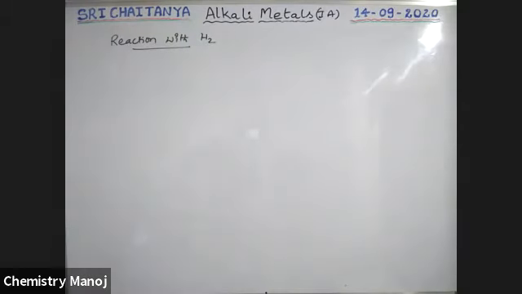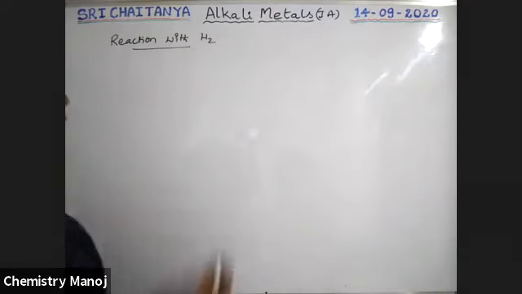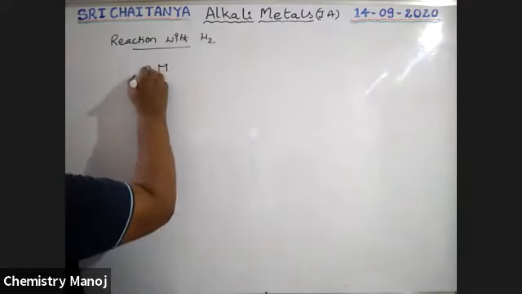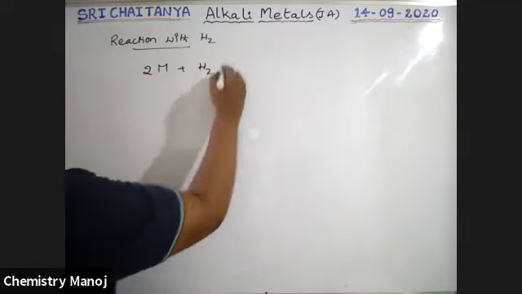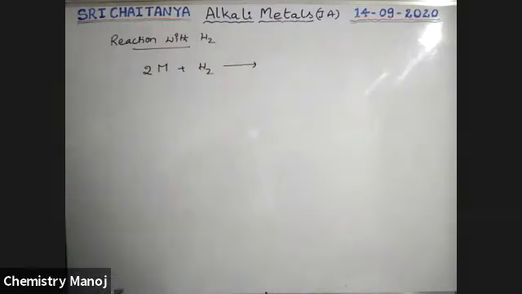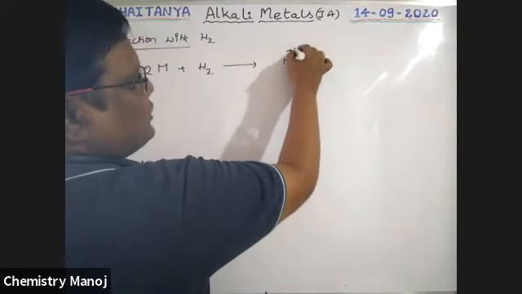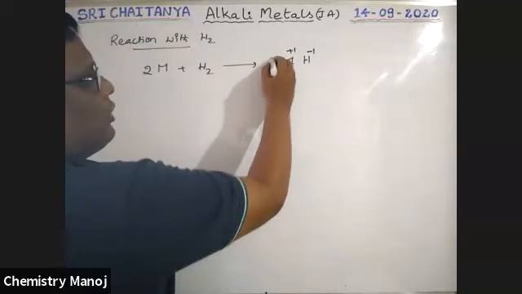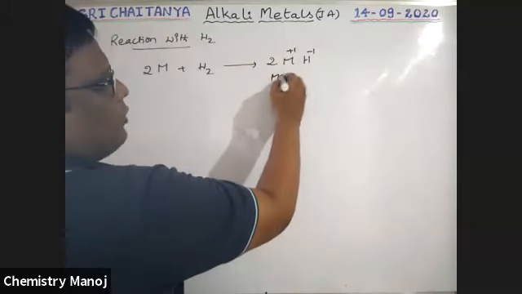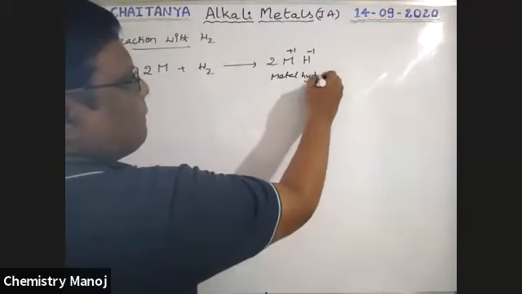Reaction with hydrogen. See, boys, what is the reaction of these alkali metals with hydrogen? Let us take the alkali metal, 2M, which reacts with hydrogen to give the compound MH. Here M has +1 and hydrogen has -1. 2MH is a metal hydride.